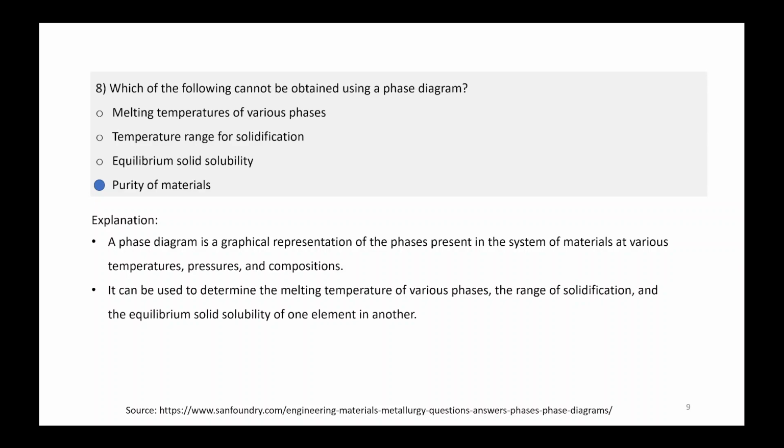Yeah, the phase diagram cannot tell how much sulfur is present there or in what range different elements are present. But if we are only talking about iron carbon, I can tell how much carbon percent is there based on its particular melting point. But you cannot tell other elements that might be present. Okay, ma'am. Okay.